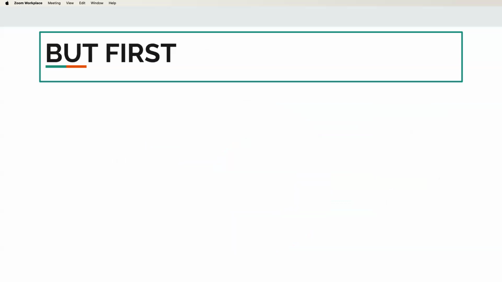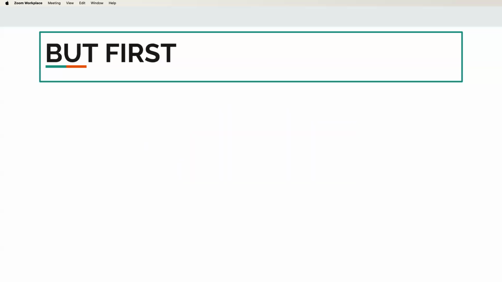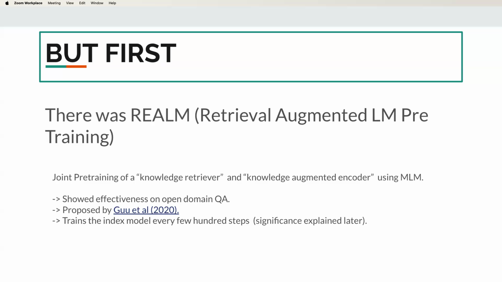Okay, so now that we have an idea of what RAGs do, we're going to dive into what to me was a good seminal RAG paper called REALM, which was basically retrieval augmented LM pre-training. This paper was effective in showing that you could take a knowledge retriever, which is basically a BERT model that can look at documents.